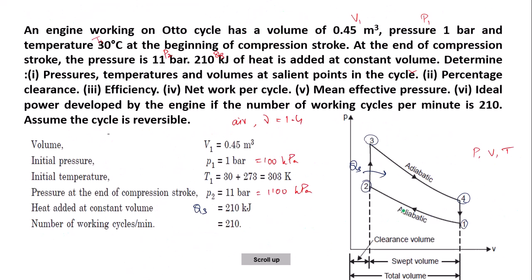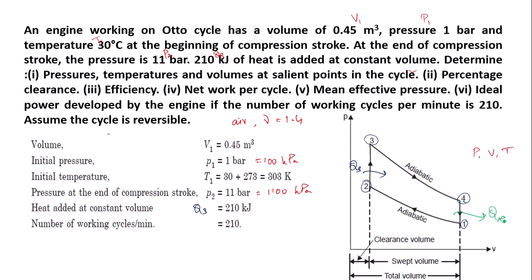Mean effective pressure P mean is equal to W by V1 minus V2, where W can be estimated using the long relation that you have derived for the Otto cycle, or I can also make use of the basic equation: heat supplied minus heat rejected. Since heat supplied is already known to us, heat rejected can be easily determined. Okay, the heat is being rejected at constant volume in the 4 to 1 process.